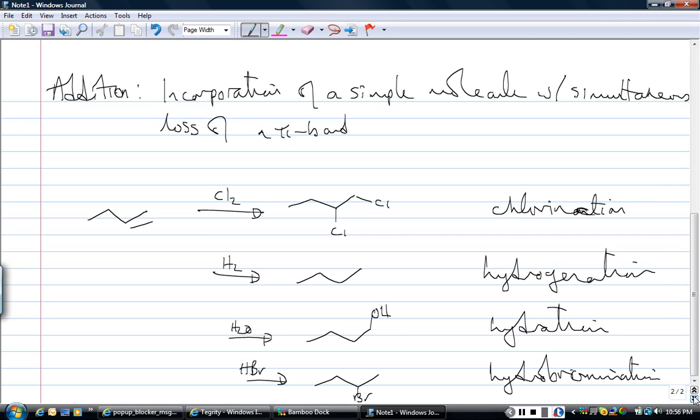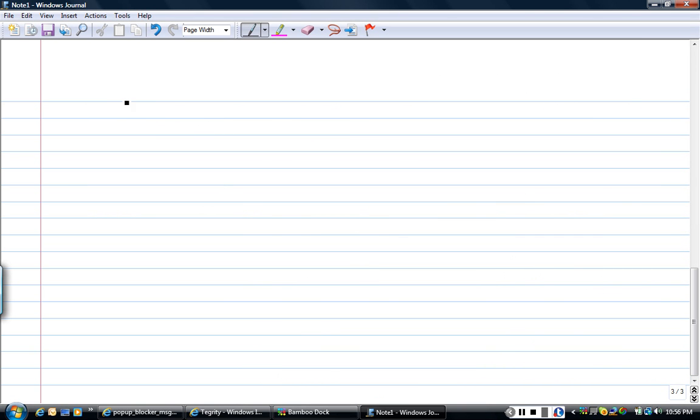I mentioned as well in class that addition reactions need not only involve carbon-carbon double bonds. I can do additions that involve carbon-carbon triple bonds. So for example, I can add hydrogen gas to this one and end up with this, or I can add HBr and end up with this compound.